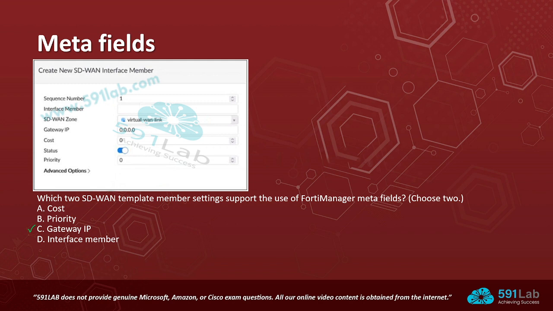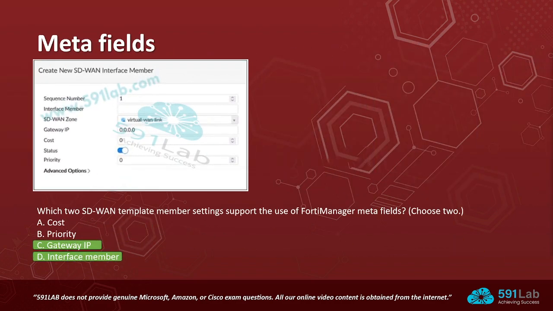And I know that the FortiManager will let you put that information there. And the next one is the interface member. As I told you, that is something that you put per device. So I choose the letter C and the letter D. And as you can see, those were the correct answers.